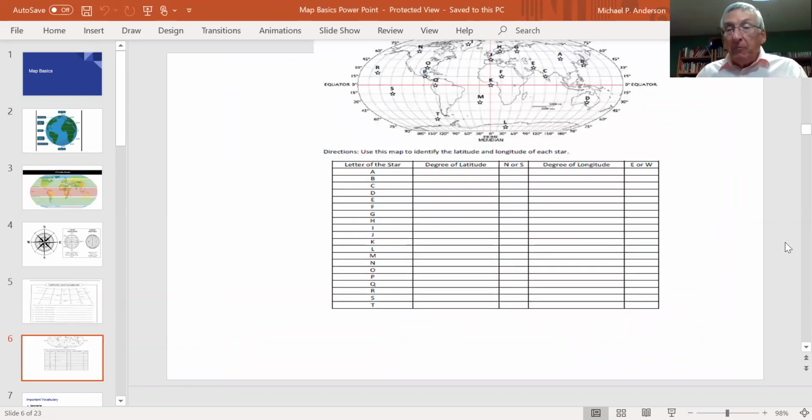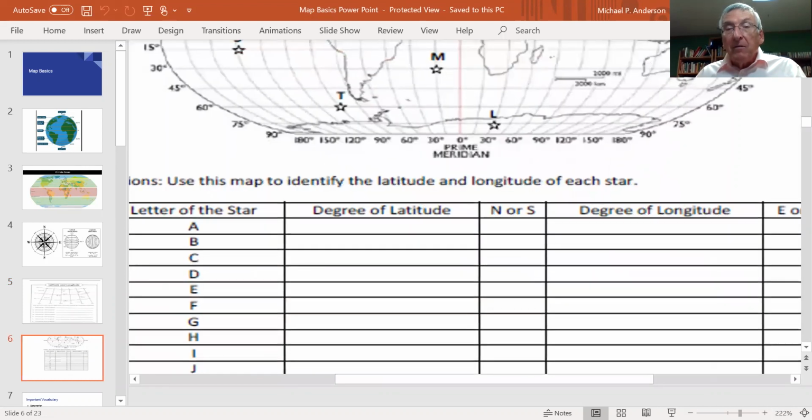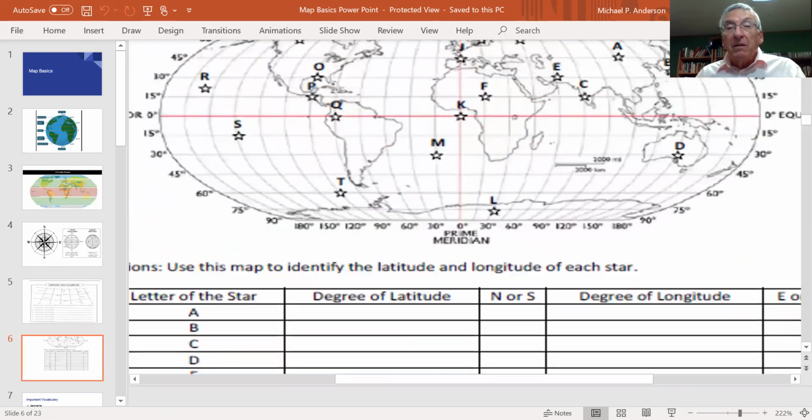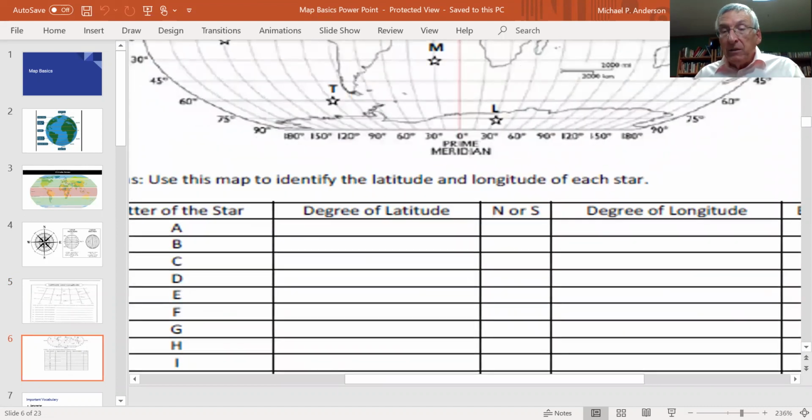Now, I'm going to have to kind of mess with the sizing on this thing to make it work. So bear with me here. Make it big enough for you to see. It's probably a little too big. Let's drop back just a little bit.